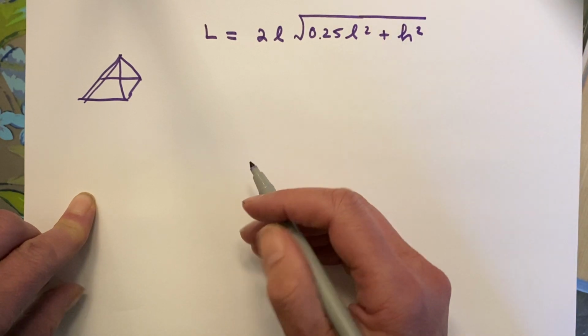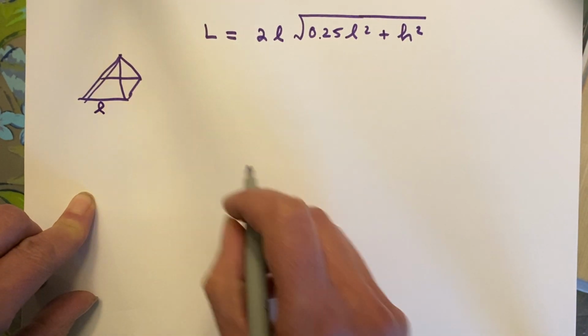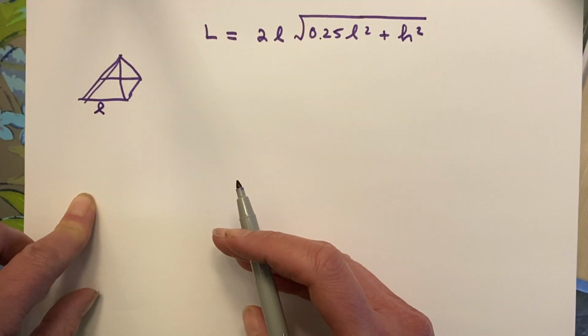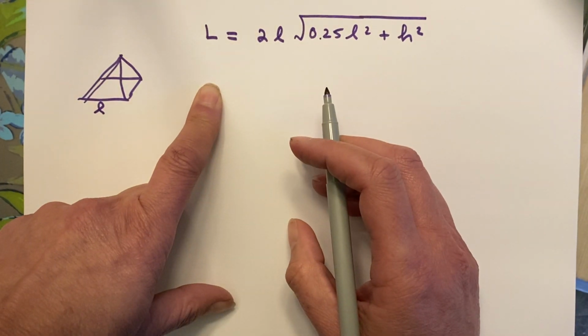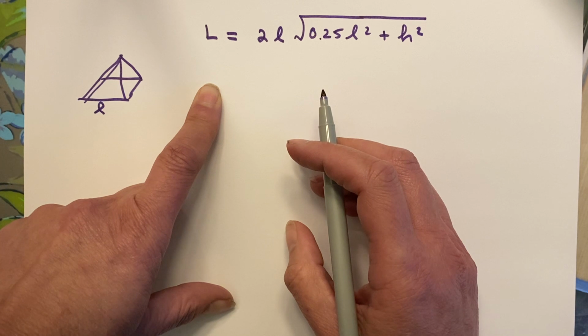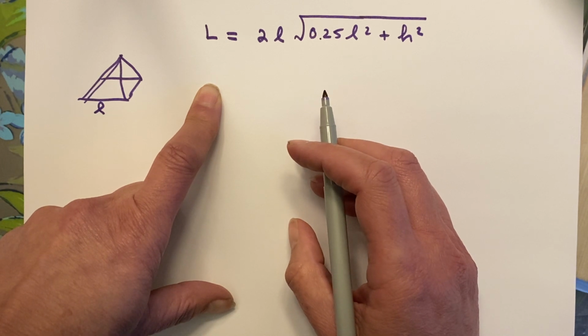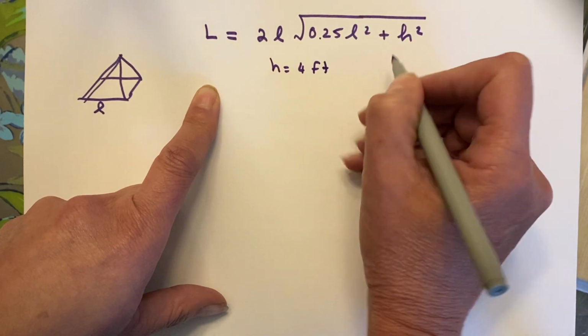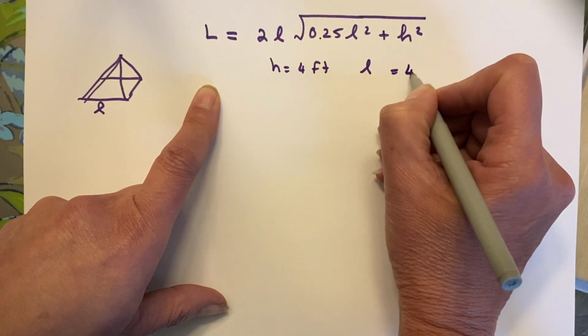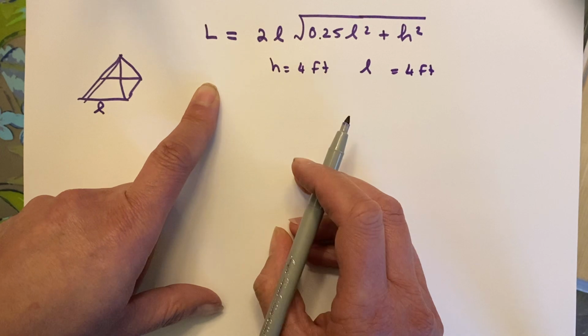And the length of the base is this. Okay, so the lateral surface area. Now they're asking to find the lateral surface area in square feet for a square pyramid with a height, so h equals 4 feet, and the length equals 4 feet as well. And they want you to find L.